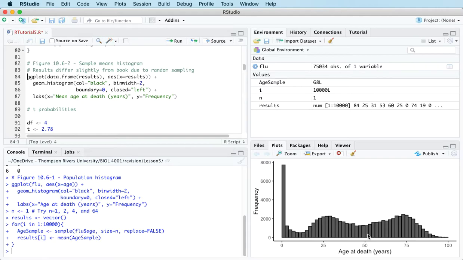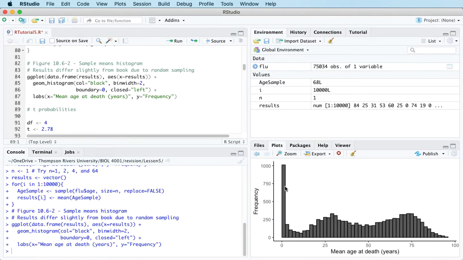What do you think it's going to look like? Bonus points if you thought it would look exactly the same as the population one. That should make sense to you, because all we're doing is sampling directly from the population, and our sample size is 1, so we're just recording the age. So the sample distribution looks exactly the same.